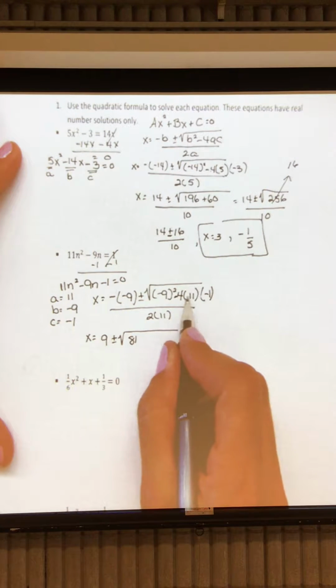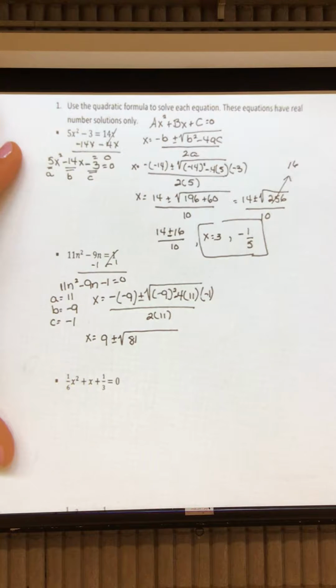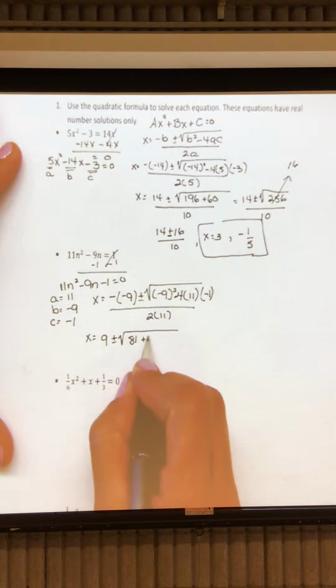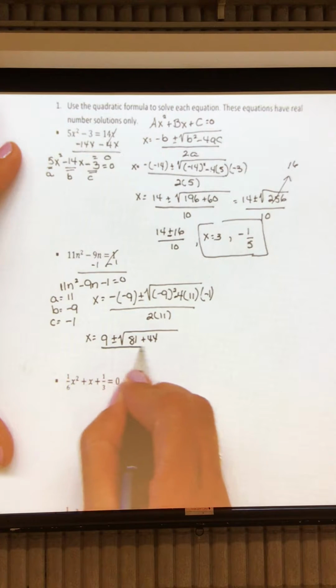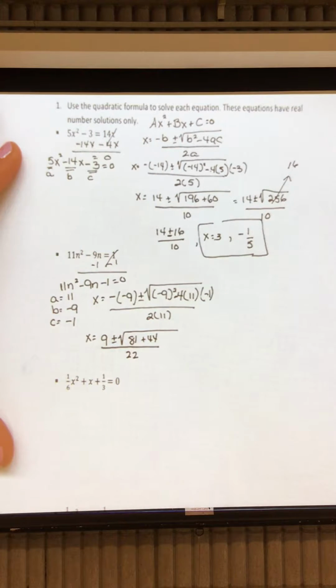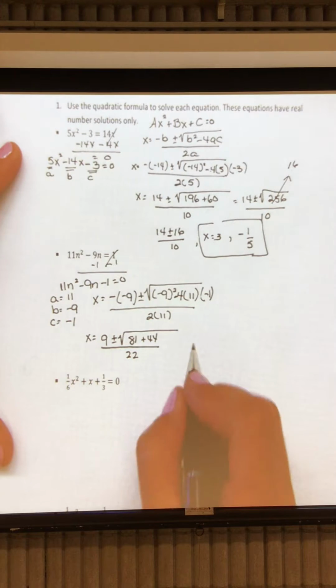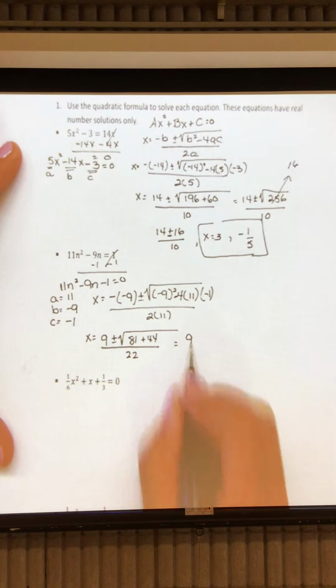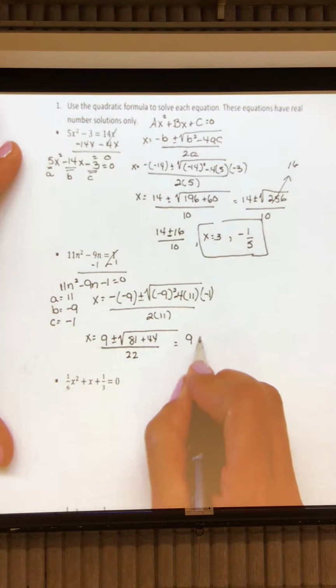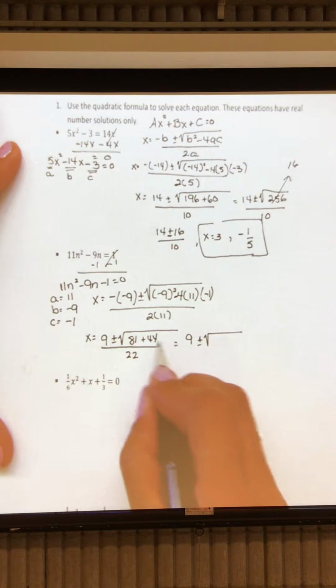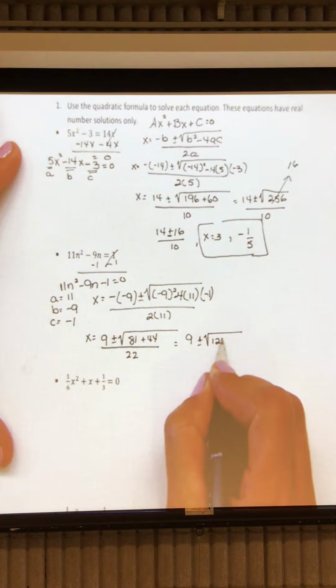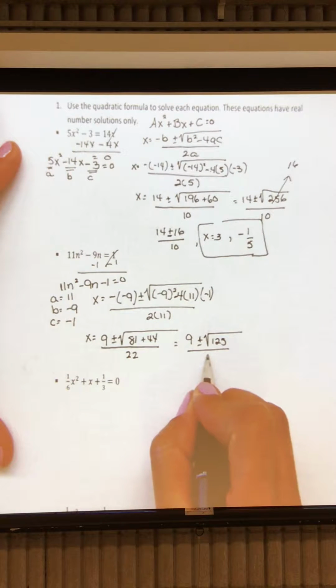And then we have negative 44 times negative 1, which becomes positive 44 all over 22. And now the square root of 81 plus 44 is 125.